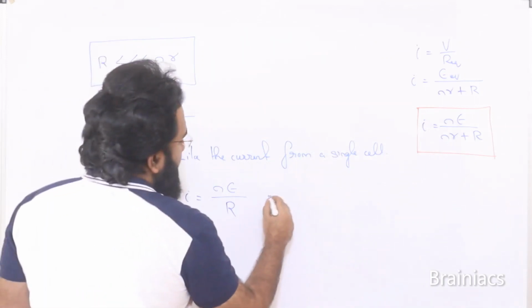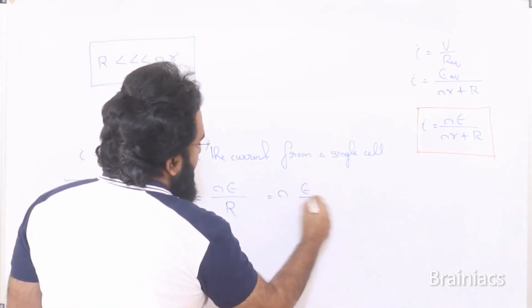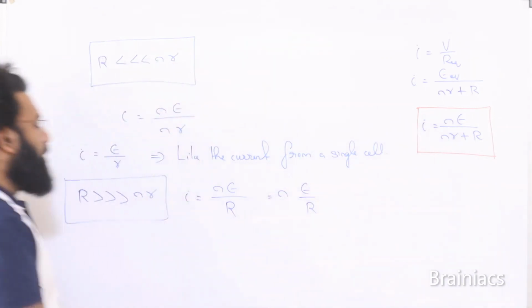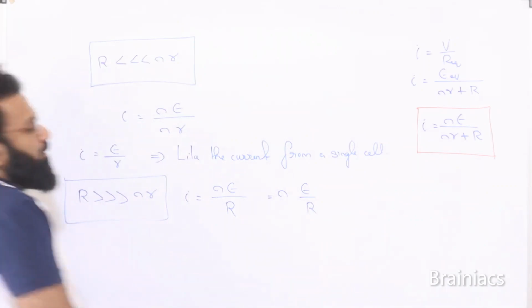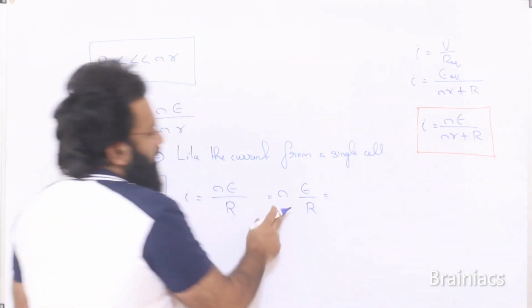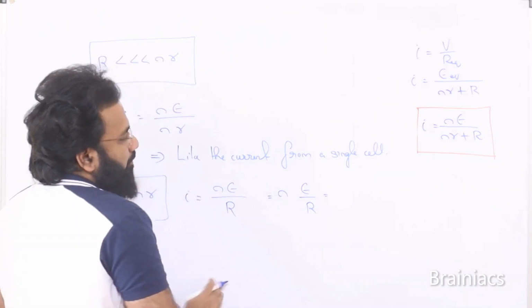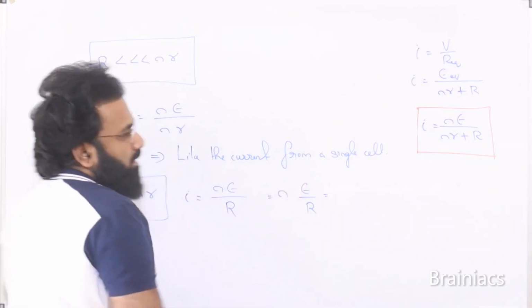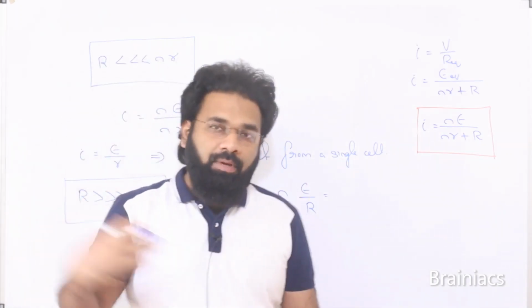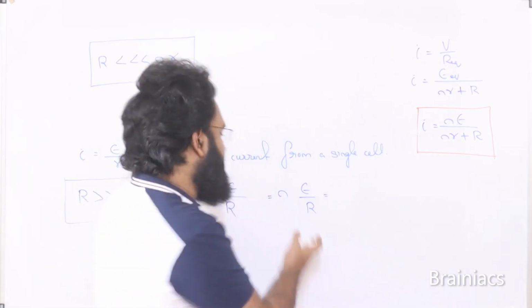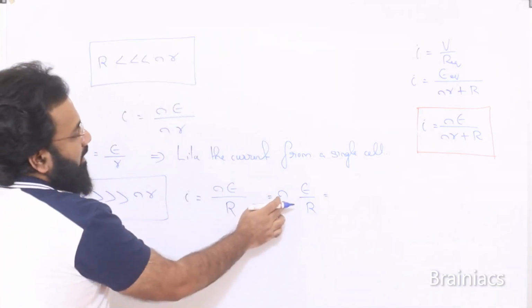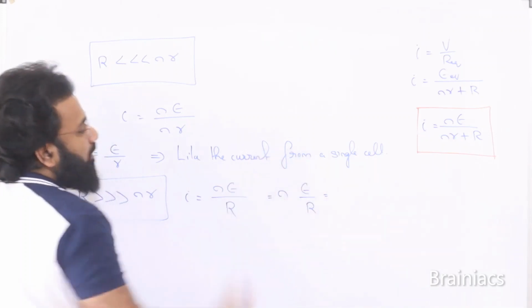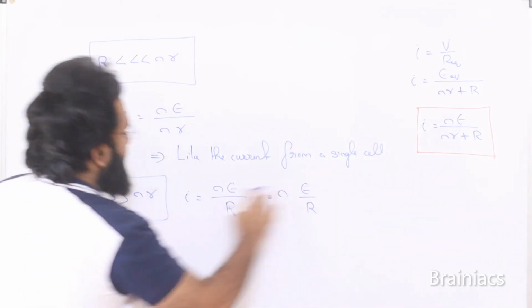Now this is nothing but N into E by R, right? So this is like N times the current from a single cell. Okay, the current will be passing through the external circuit. So this is just like a current that is coming from N number of cells. Okay, that will be the effect.